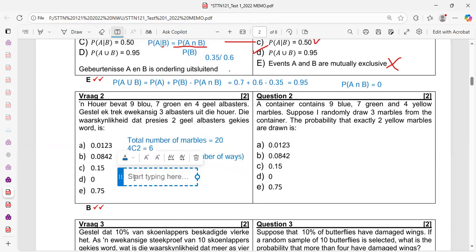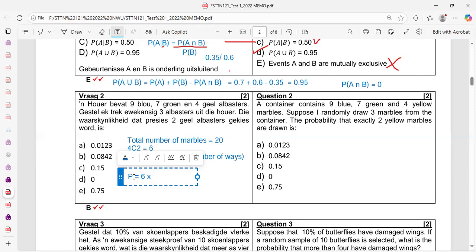Now to get the probability, the probability of exactly 2 yellow marbles is equal to 6, the one I got for combination 2, multiplied by what?